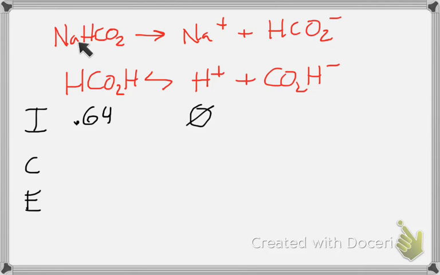But the sodium formate is already completely dissociated, and so it produced some formate in there already. There's our common ion. In the previous slide, we found that the concentration of the NaHCO2 was 0.14 molar. Since that completely dissociates at a 1-to-1 ratio, the initial concentration of the formate is going to be 0.14. 100% dissociation, so it's going to generate 0.14 moles per liter of that guy.